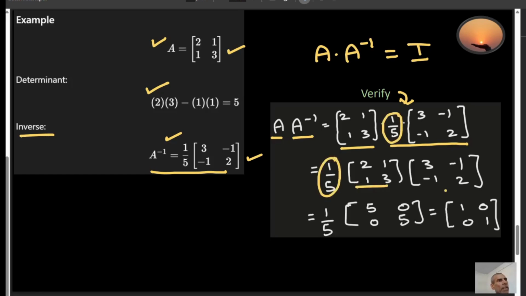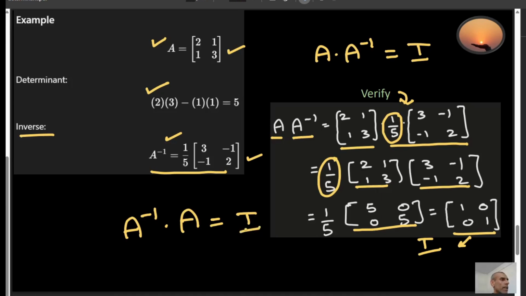Then this is my matrix A, multiplied by this matrix. When you do this matrix multiplication, your answer will come out to be this right here, and this is exactly your identity matrix. So I just showed you that A times A inverse is equal to I. By the way, you can also verify that A inverse multiplied by A is still going to give you I.